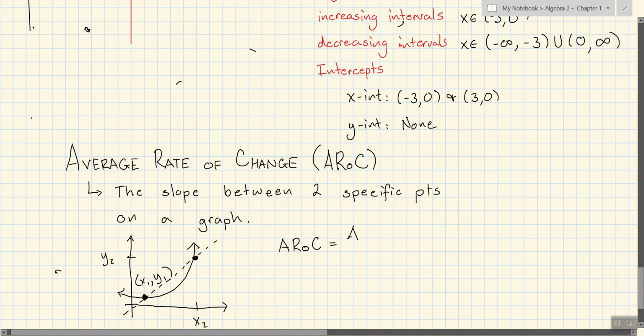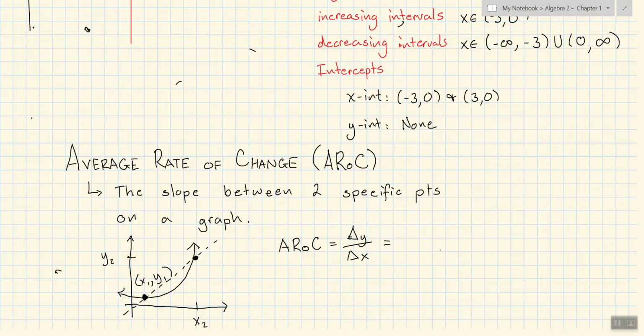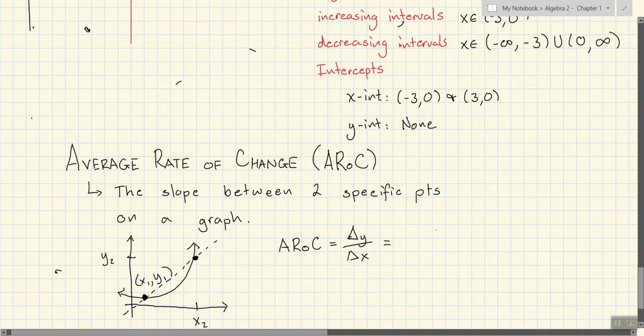So I'm going to jump in with delta y over delta x because we will certainly see slope a bunch more. When we're doing this, it doesn't matter which direction we go as long as we're consistent. It's more natural for me to do y2 minus y1, but that's just the way my brain works. Could it be y1 minus y2? Yeah, for sure.